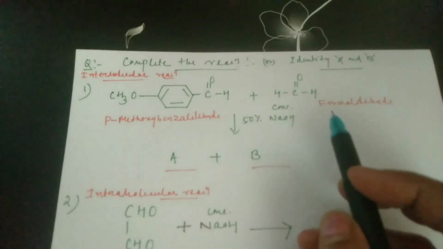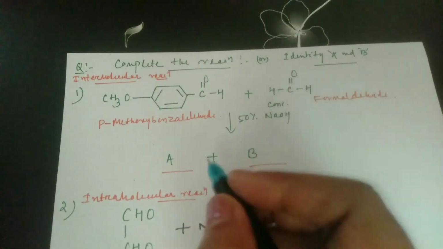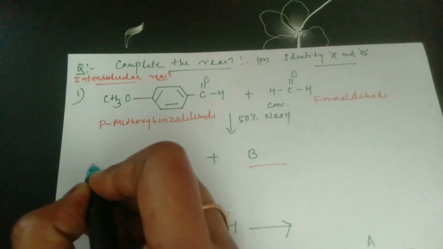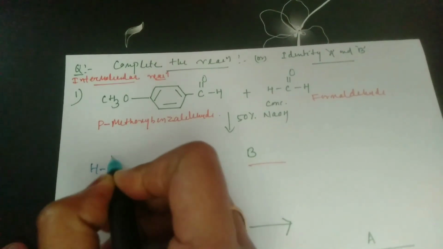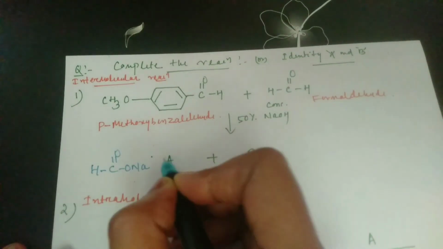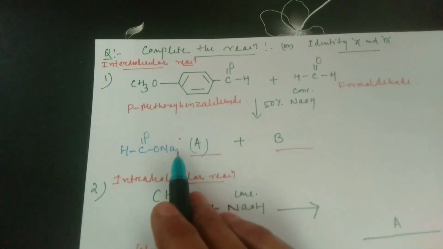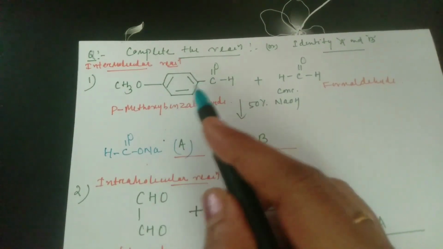Formaldehyde always undergoes oxidation, so the product will be HCOONa, that is your sodium formate. This is your A product, sodium formate. Okay, so that means formaldehyde here undergoes oxidation. Similarly, this molecule undergoes reduction.